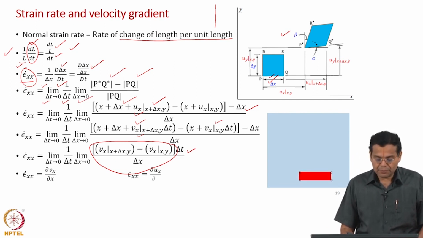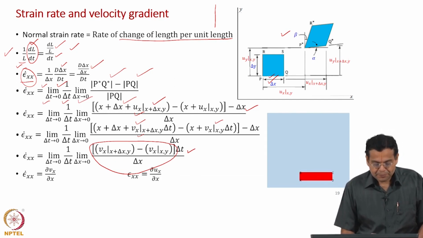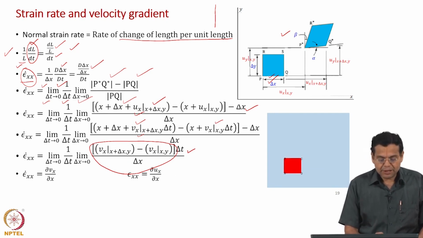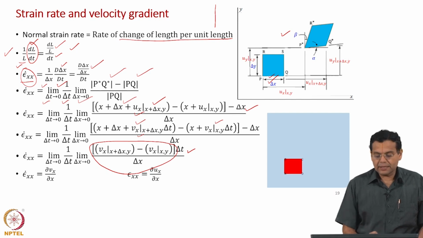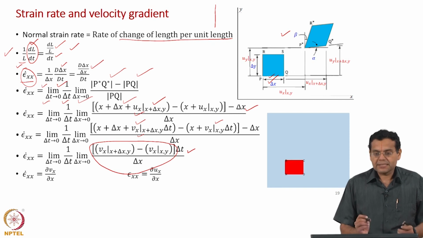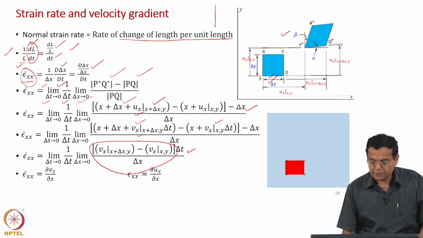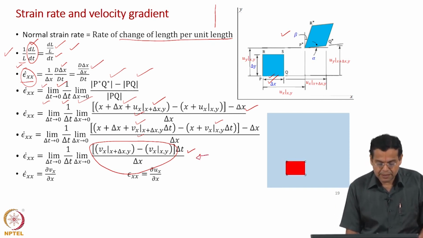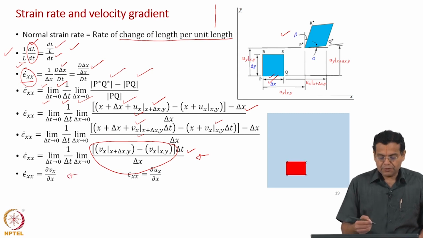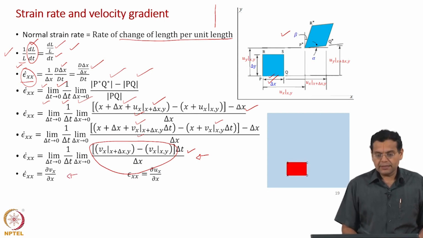But now, you should note that you are cancelling delta t and you are taking limit delta t tending to 0, which means that the velocities become instantaneous values. That is the difference between this step and this step.